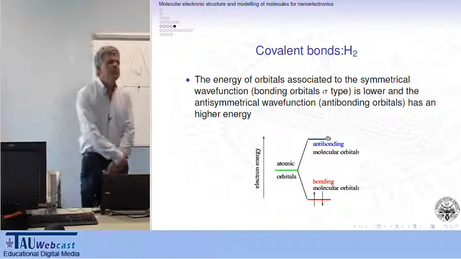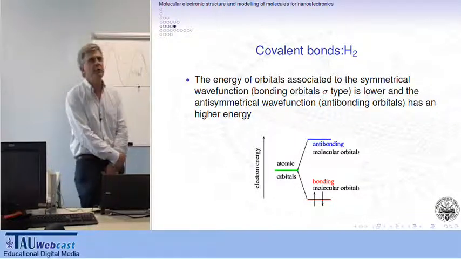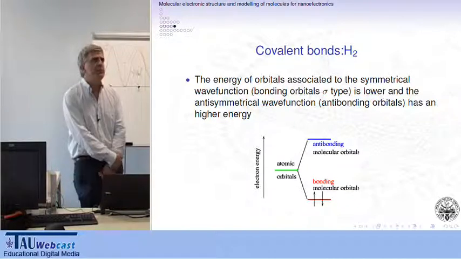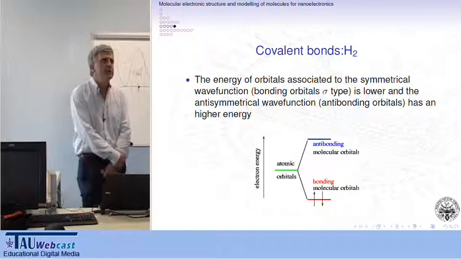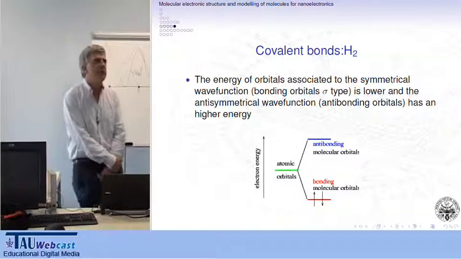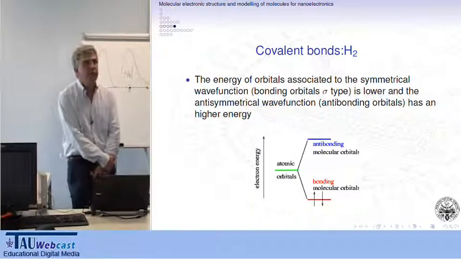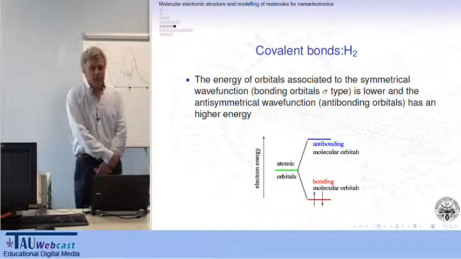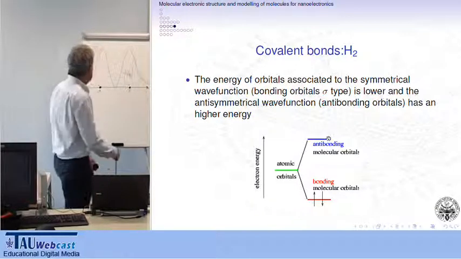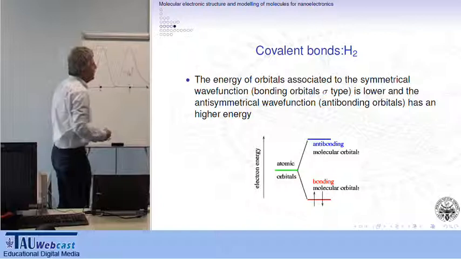So the idea is to define molecular orbitals starting from atomic ones. If you have an idea of the atomic orbitals, we are able, by using linear combinations of these atomic orbitals, to define the energy levels and molecular structure for that orbital. Probably it's not so difficult to understand the shape of the orbital for sigma bonds.